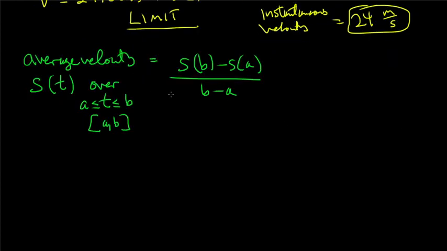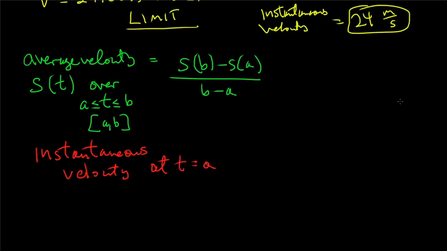Okay, so then the instantaneous velocity at a given moment, let's say t equals a, is what happens when we take the limit as b gets closer and closer to a.